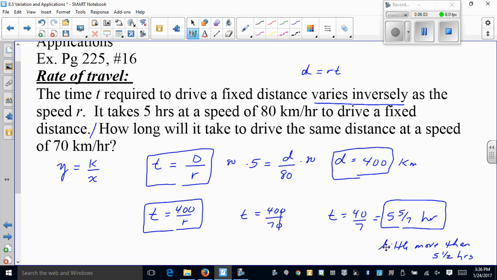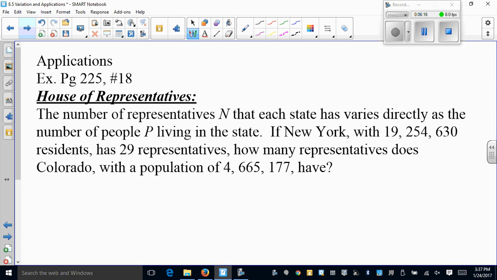So if you're driving 70 kilometers per hour instead of 80 kilometers an hour, it's going to take you almost an hour longer to drive it. Okay. The next problem, this one here, I'm putting aside for class. We'll do this one together in class. That way you guys can get in there and figure out what's going on.